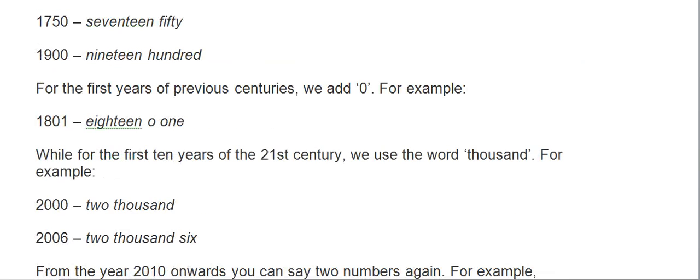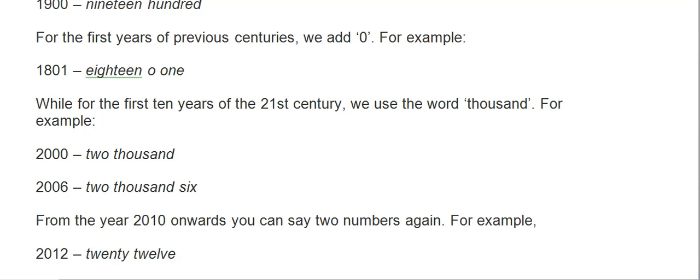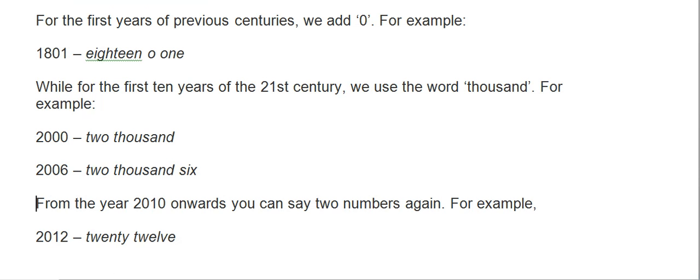While for the first 10 years of the 21st century, we use the word thousand. For example, 2000, 2006, or twenty oh six sometimes. And from the year 2010 onward, you can say twenty again.